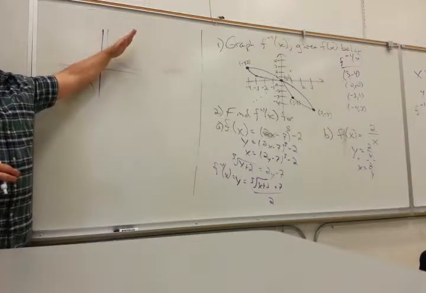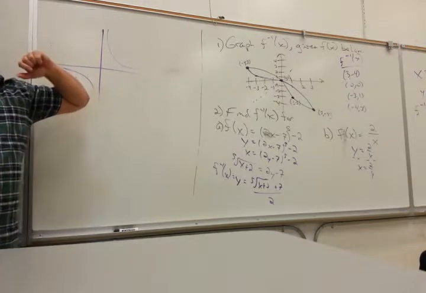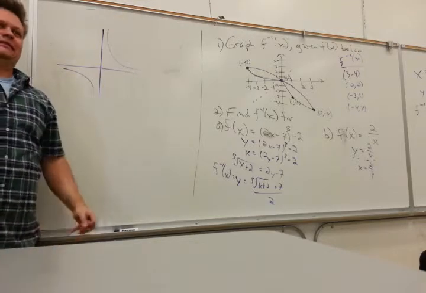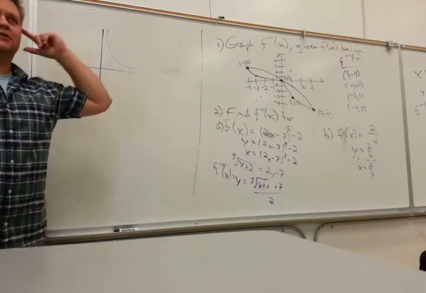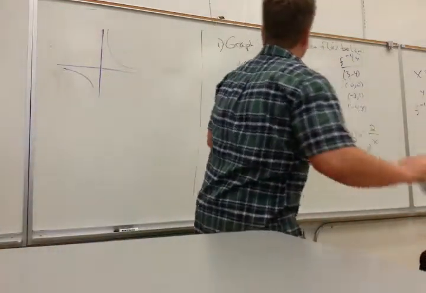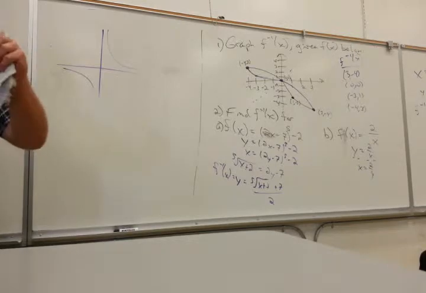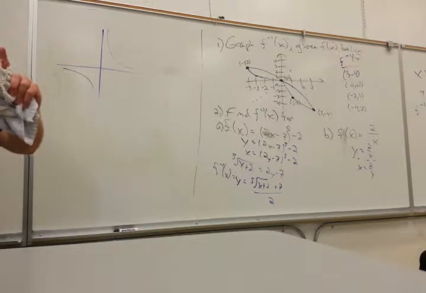These are in the right place for y equals x. Cool. So if I have a rotated hyperbola, it could be its own inverse. Is that kind of cool? All right.